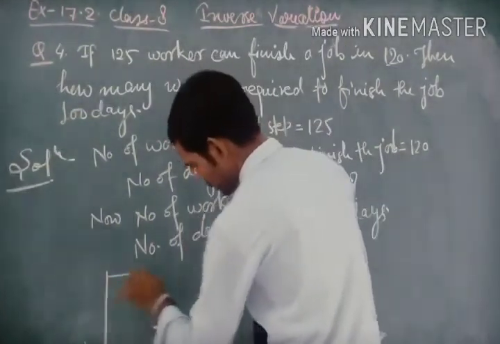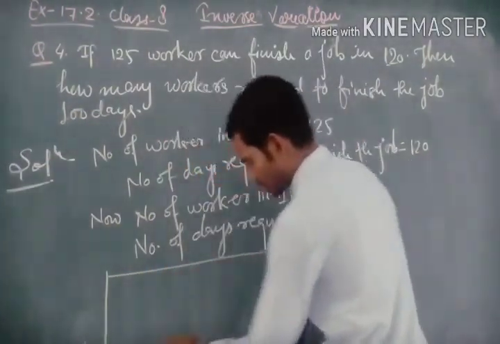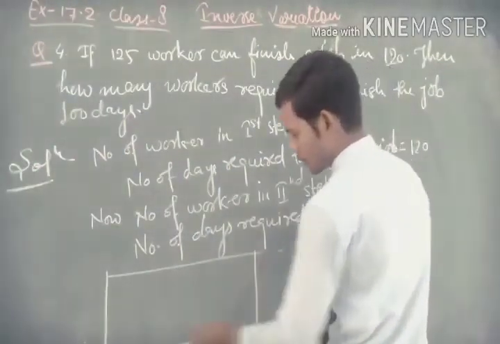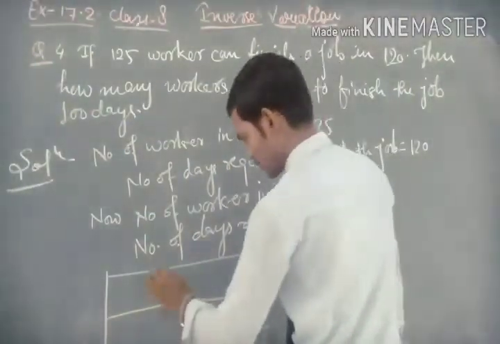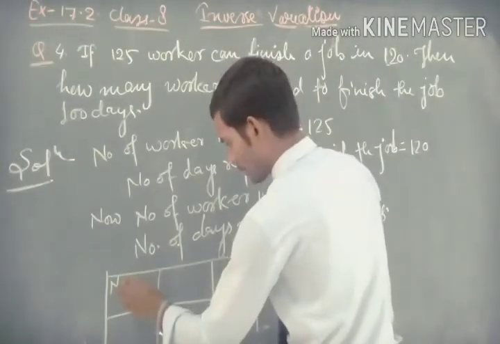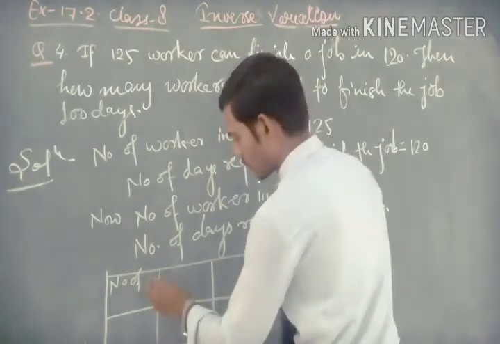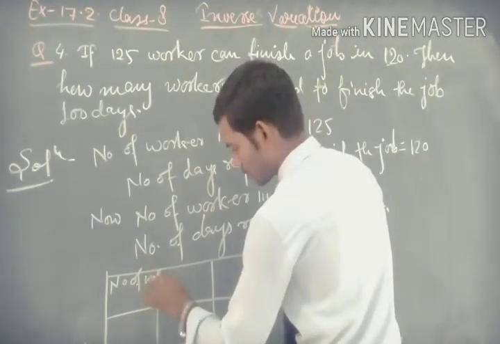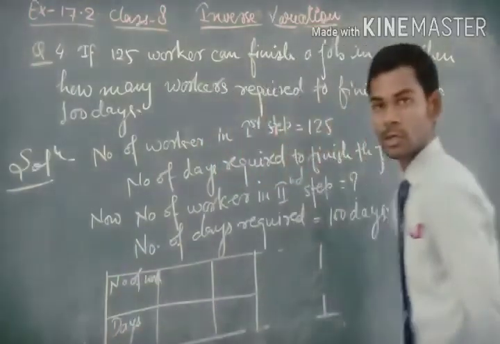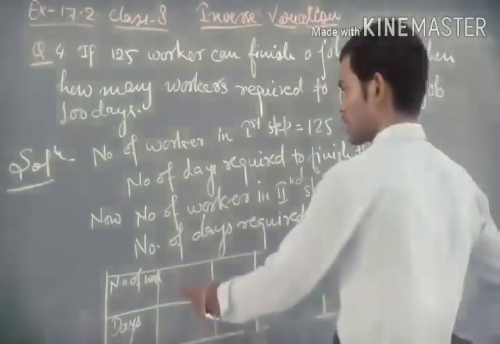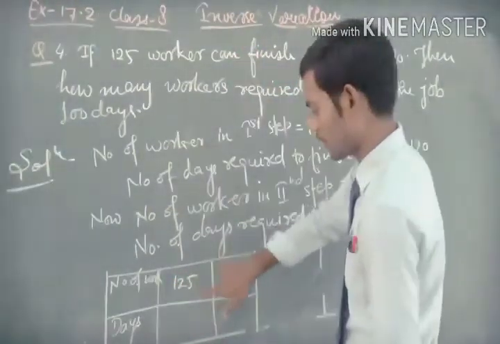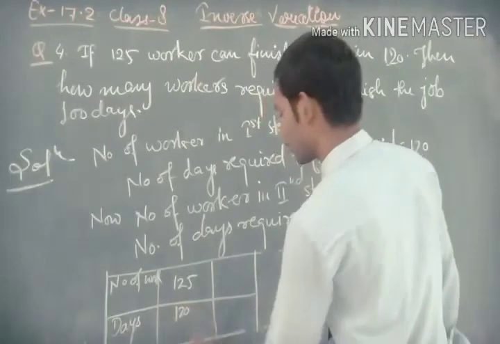You can write like this, or you can make the table like this also. Here, make the table first of all, and here you can write number of workers, and here you can write days required. So here the number of workers in first step is 125, and the days required is 120.